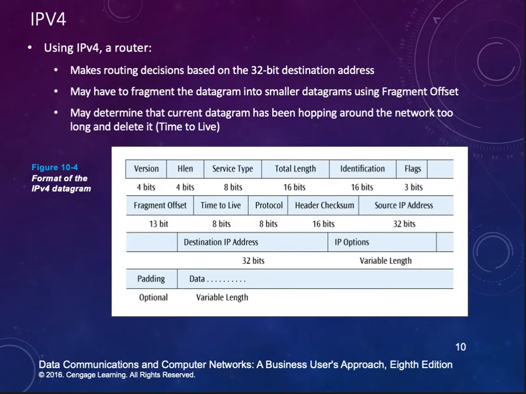Here on the diagram, we have the breakdown of the frame, where it is segmented into version, header length, service, total length, identification, flags, fragment offset, time to live, protocol, header checksum, source IP address, destination IP address, IP options, padding, and the data itself.